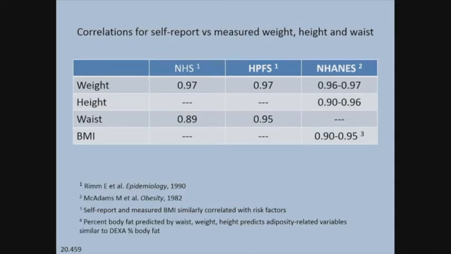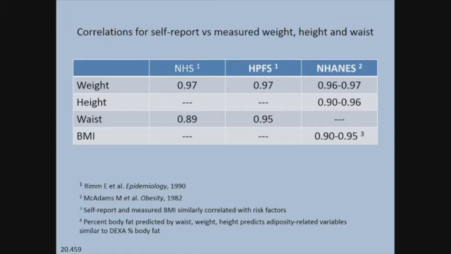Just to reiterate what David said, self-reported weight and height are really quite very good measurements. These are correlations in our cohorts between self-reported weight and measured weight, and these may be better than average, you might think, but basically the same correlation was found in NHANES data as well between self-reported and measured weight, and height is pretty much the same.